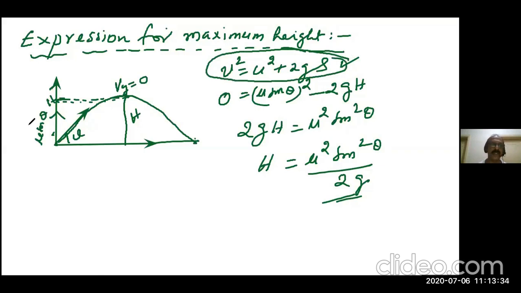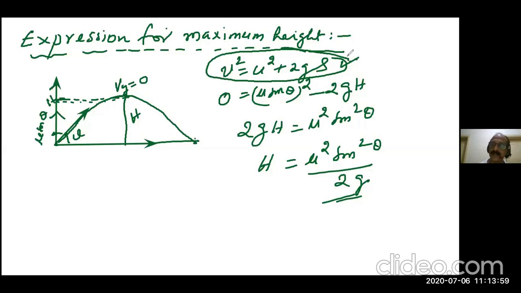Yes, the vertical motion of the projectile is uniformly accelerated, because it covers 5 meters, then 15 meters, then 25 meters, then 35 meters, and the velocity changes 0, 10, 20, 30, 40. So it's accelerated motion, and I can apply this formula there.